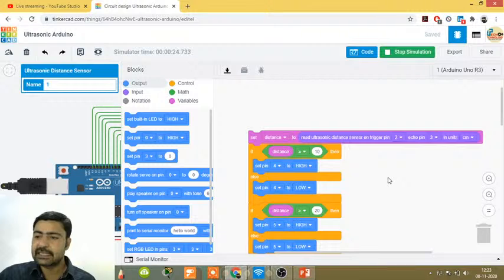So the first thing is that we need to measure a distance from the ultrasonic sensor. As you are seeing in the program, we first have to configure our ultrasonic sensor.